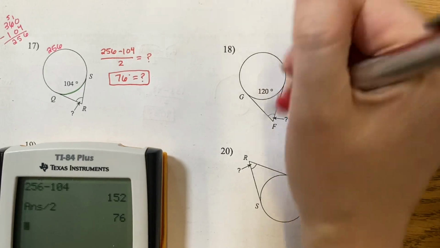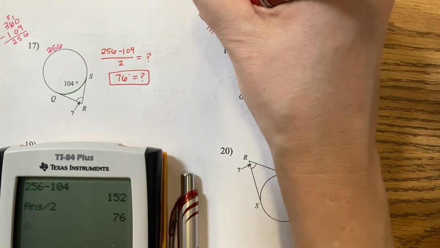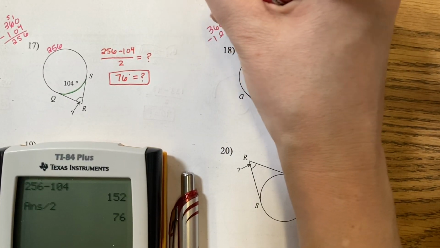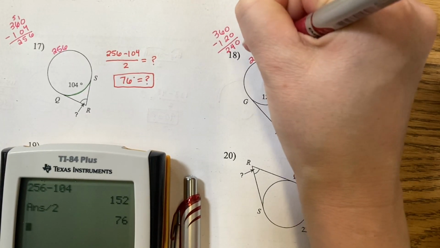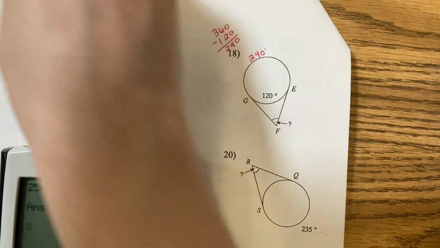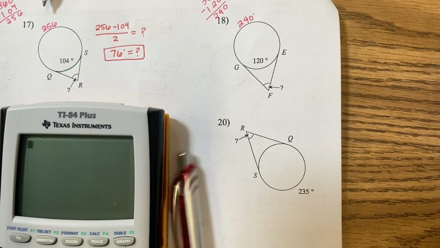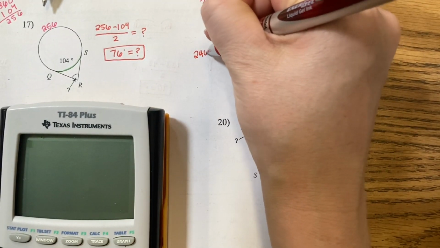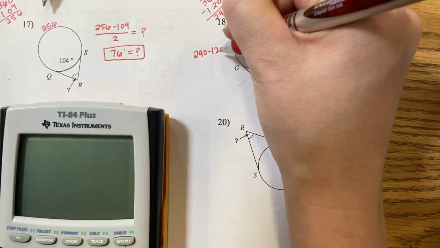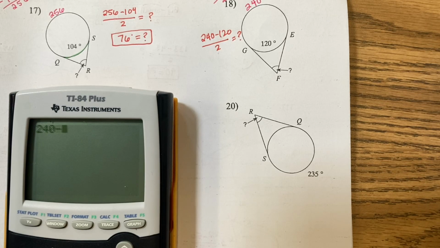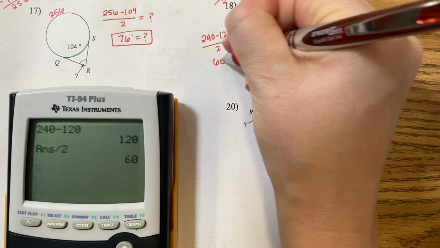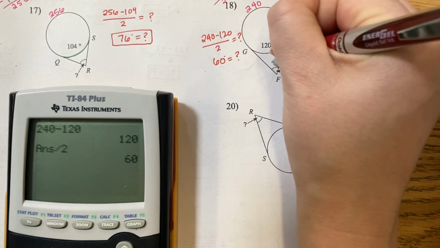Same thing here. I want that big arc. So then I would do big arc minus the small arc divided by 2 equals the angle. 60 degrees.